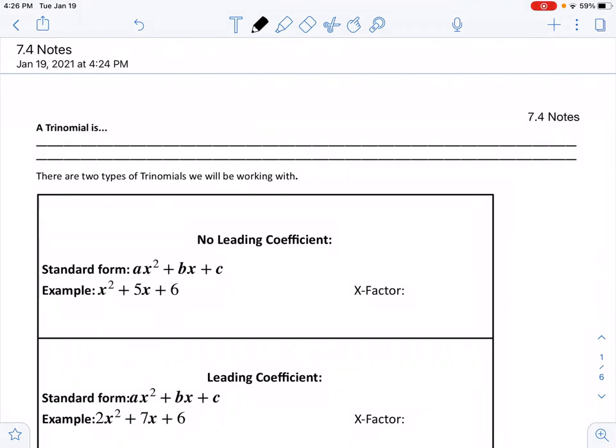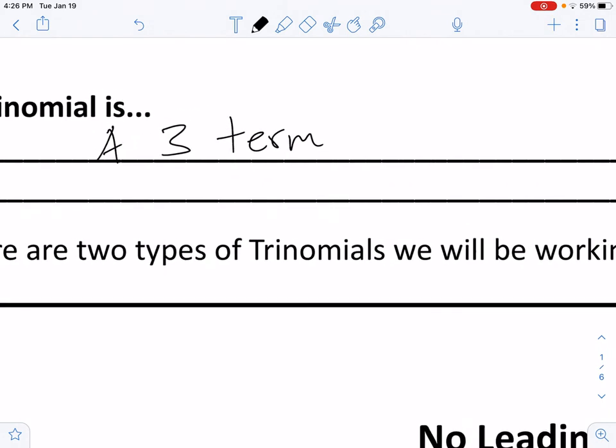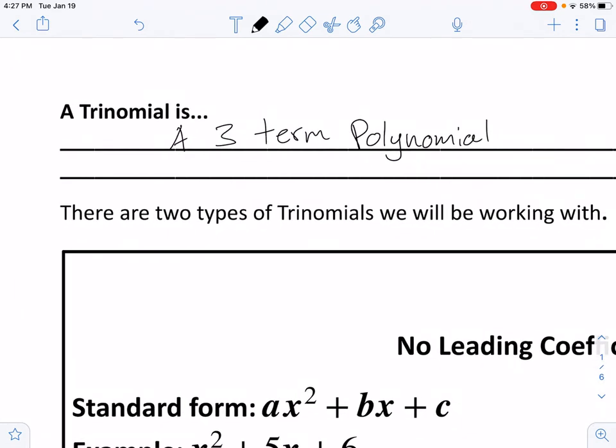In these notes, we are going to be working through factoring trinomials. So a trinomial is a three-term polynomial.